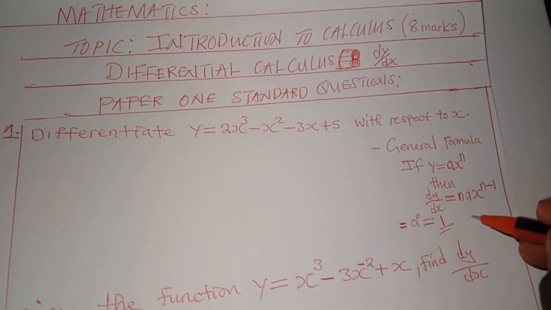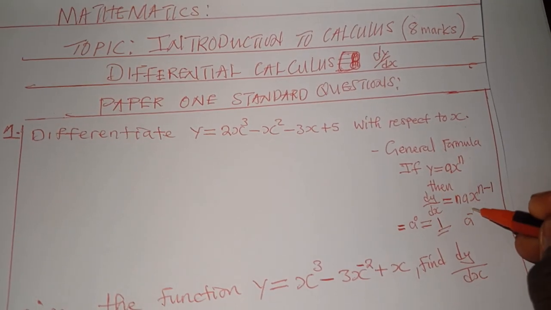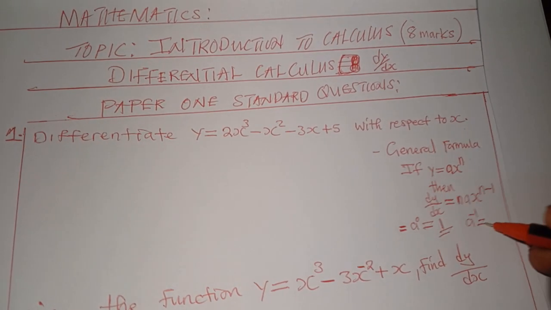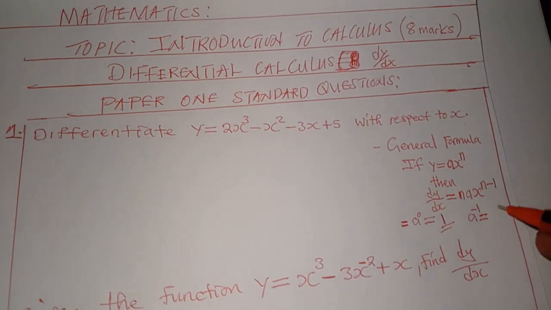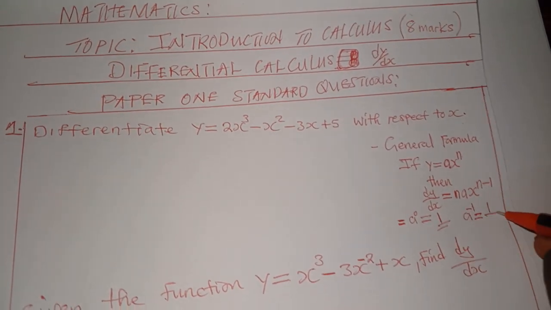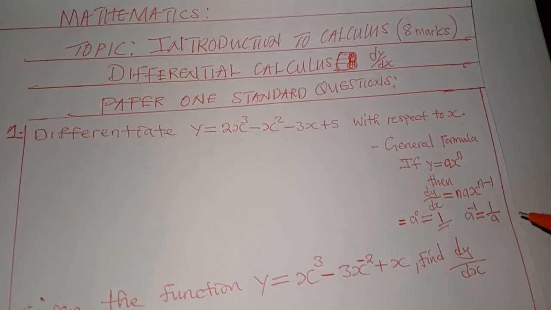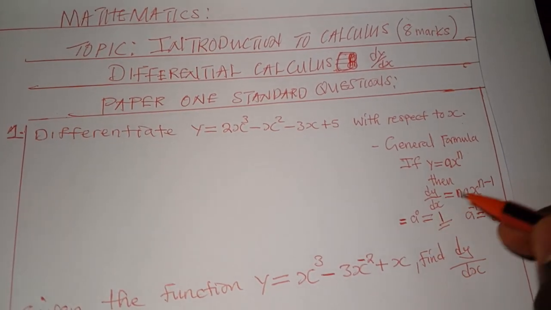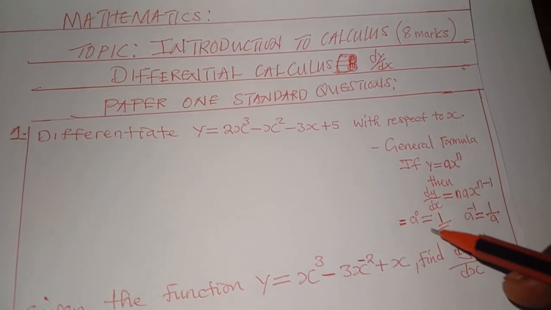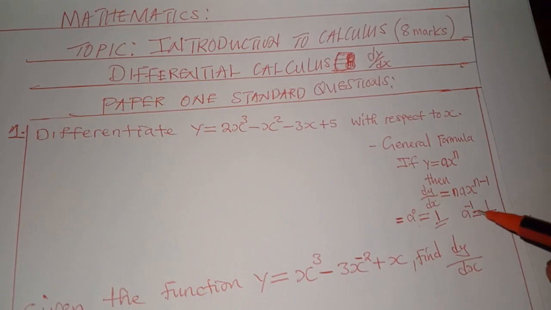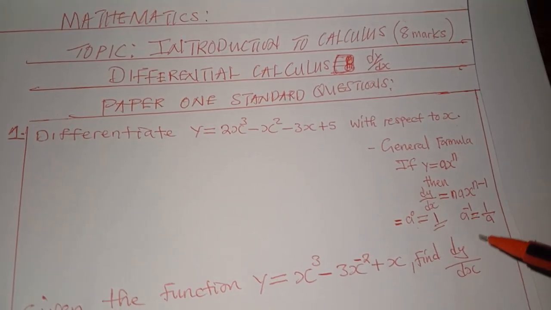Again, when you have a negative power, you can convert the index into positive by introducing a 1 on top over a. So make sure you pay attention to these basics: the dy dx, the 0 power, the negative power.